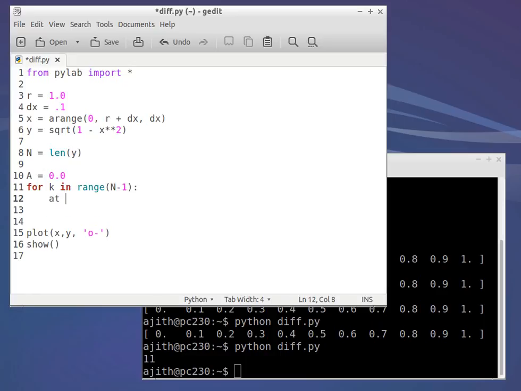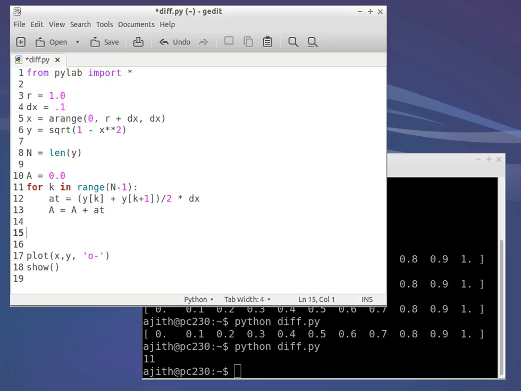Area of each trapezoid will be y of k plus y of k plus 1, the y coordinates of two adjacent points, divided by 2 into the dx. And each area, let us add to get the total area.